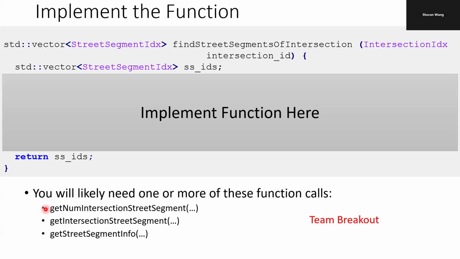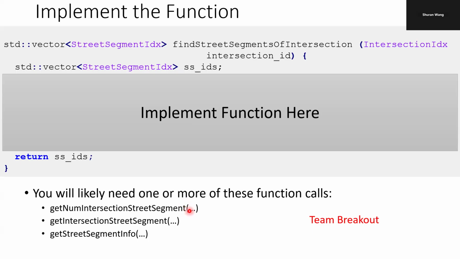Okay, let's get back. Everyone should have at least an idea on how to do it. So what is the first step? Yep, call get num intersection street segment to get the number, to get how many street segments there are.